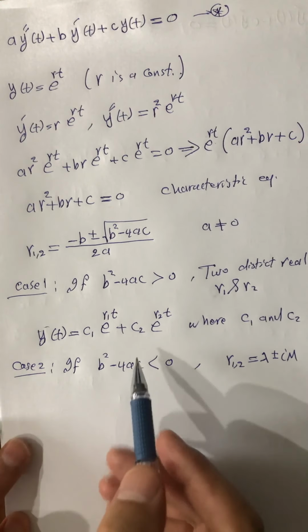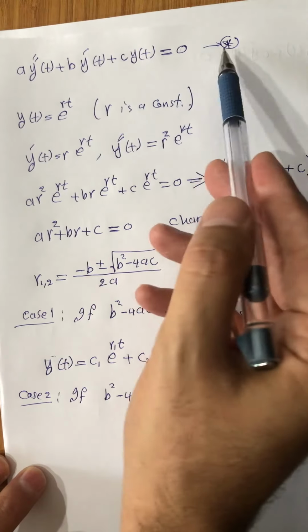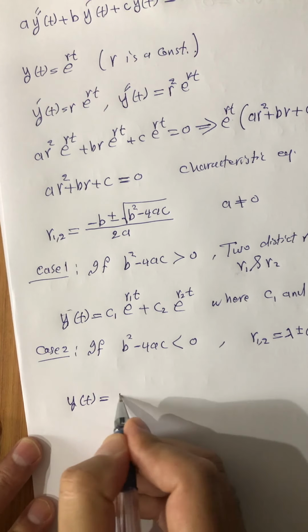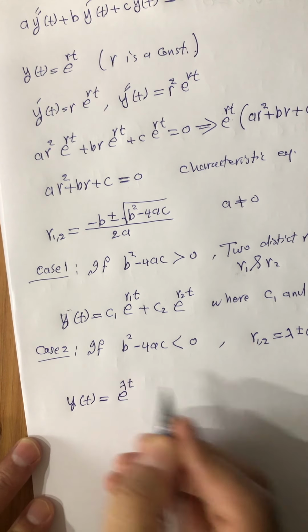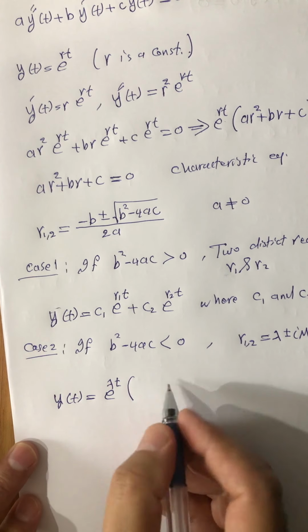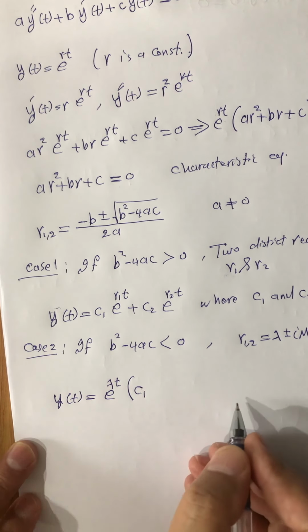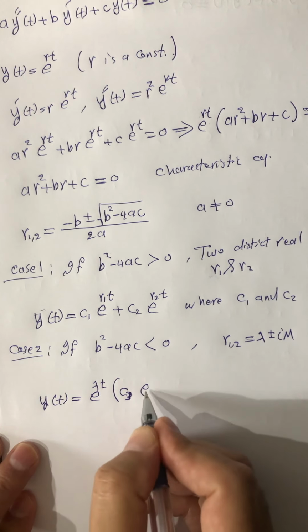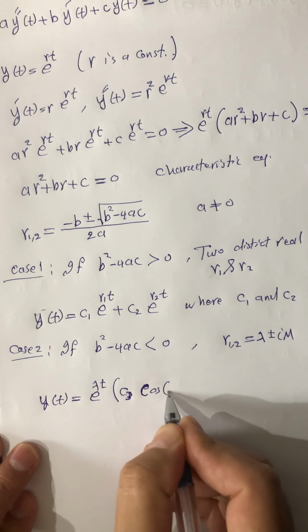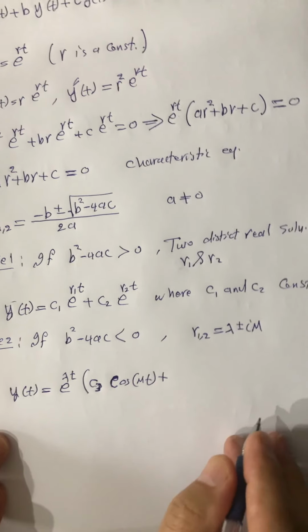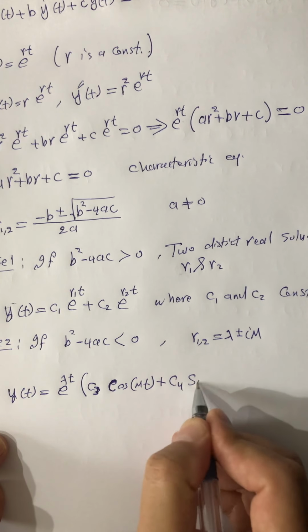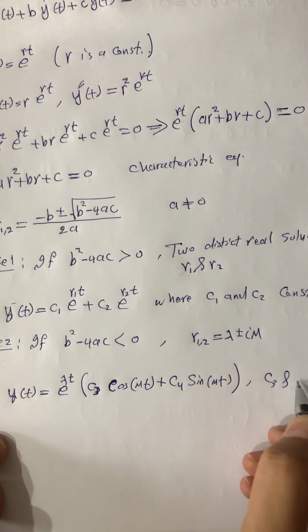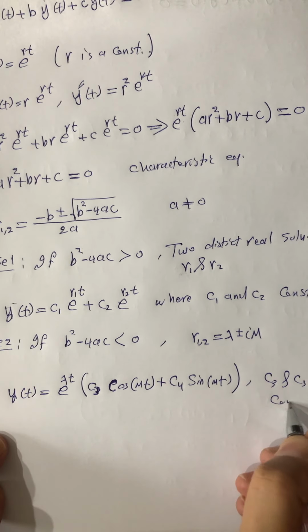Then the general solution is y of t equals e to the lambda t times (c3 cosine mu t plus c4 sine mu t), where c3 and c4 are constants.